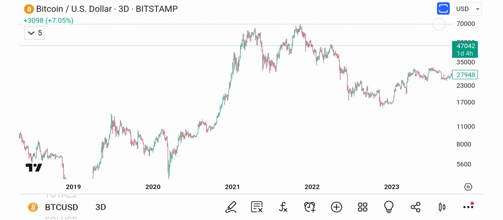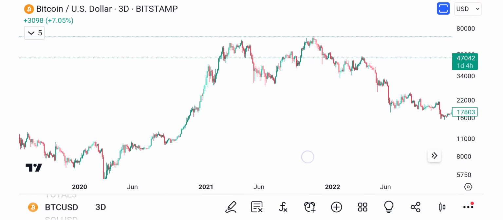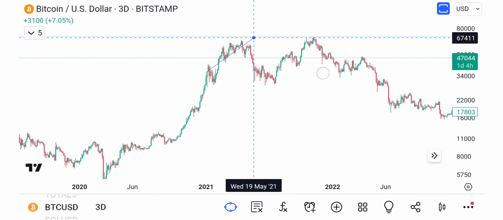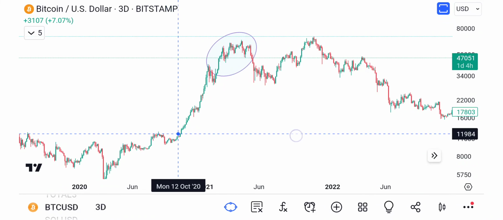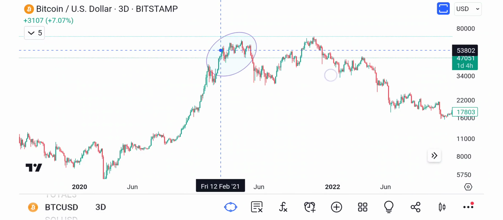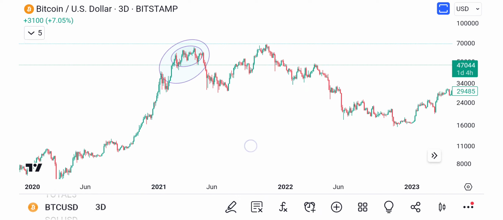So for example, here's Bitcoin, right? A lot of the altcoins started popping off right in here, not down in here when Bitcoin was going up, right? It was right in here when all the distribution started taking place.